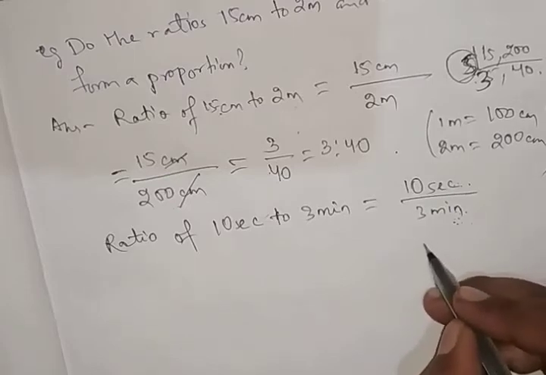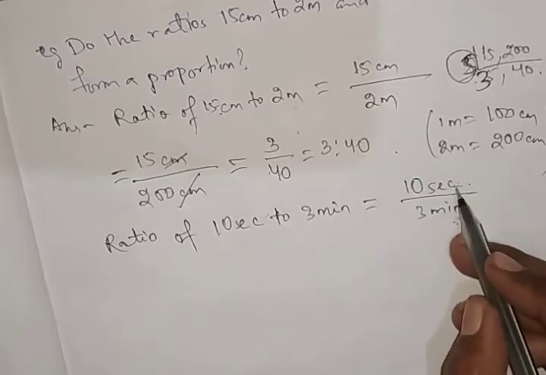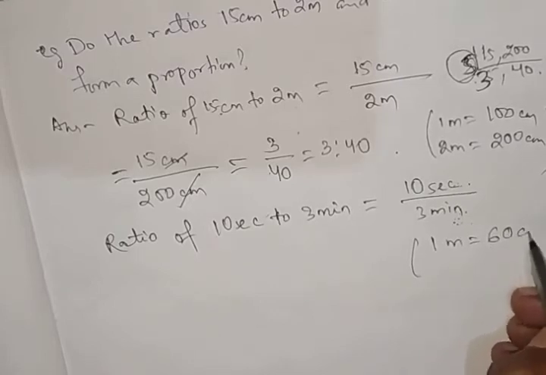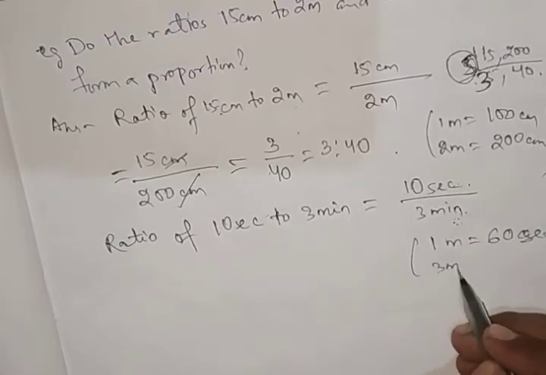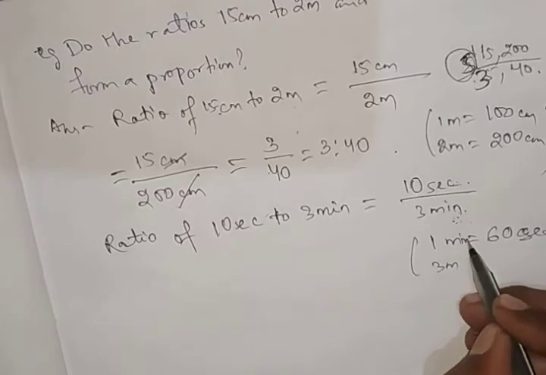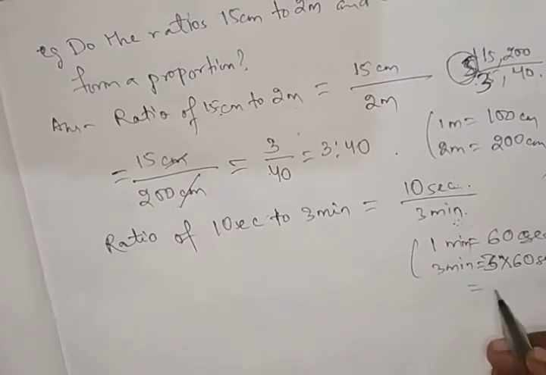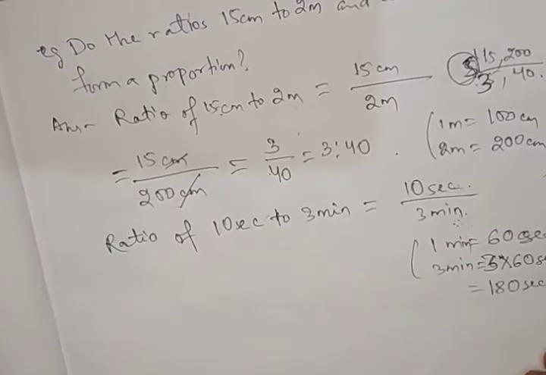So let's see. We know that 1 minute is equal to how many seconds? 60 seconds. So 3 minutes is equal to 3 into 60 seconds, that is 180 seconds.